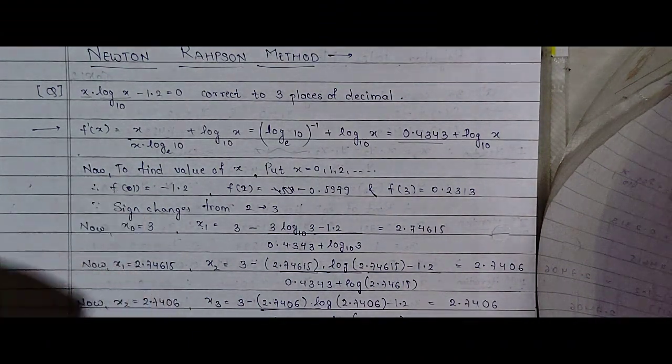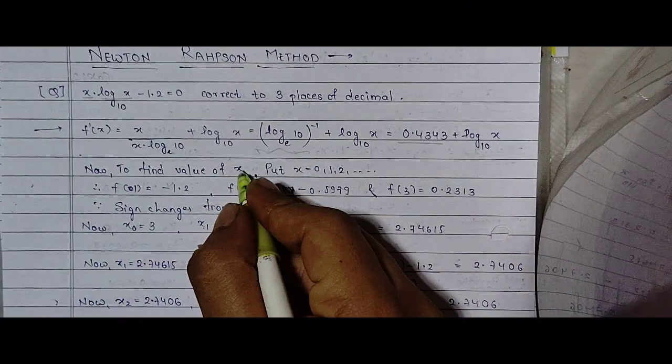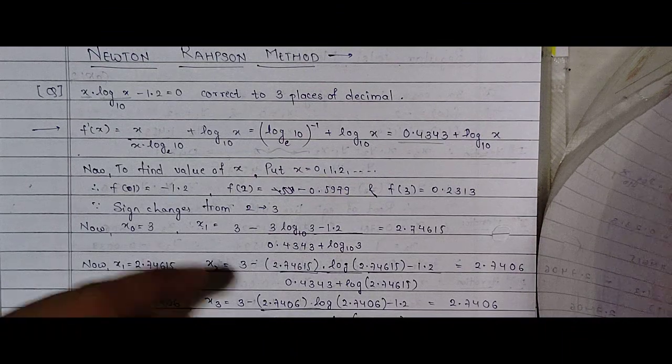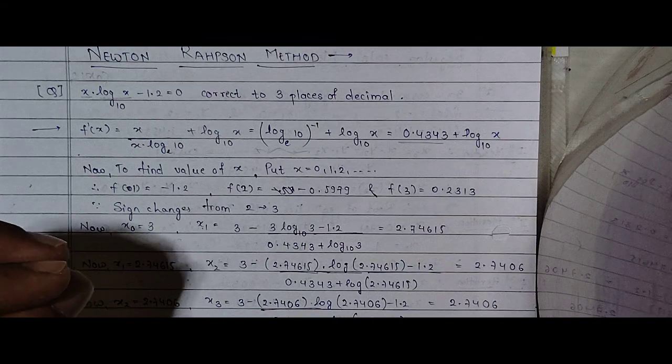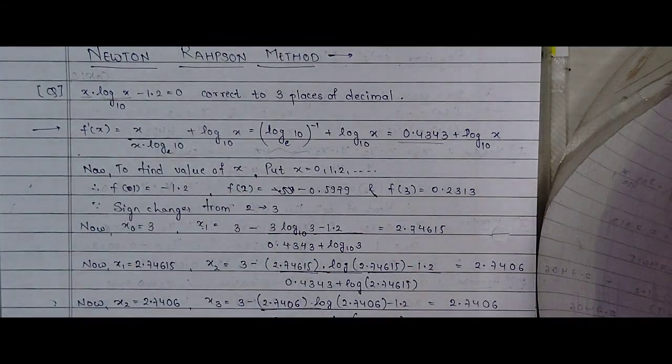Now we have to find the value of x. Why do we have to calculate the value of x? Because this function's answer will lie between certain numbers, no? When you solve this equation, you will get some value of x.